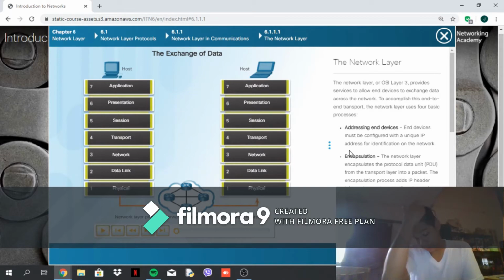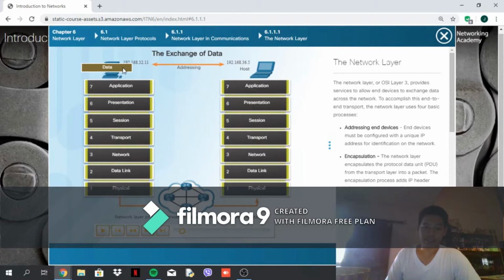Actually, guys, in the last video, in Chapter 5, the data link and physical layers are the types of the exchange of data, or the process. Here inside Chapter 6, we're going to tackle all the layers on how they transfer data. First, this is IP addressing.